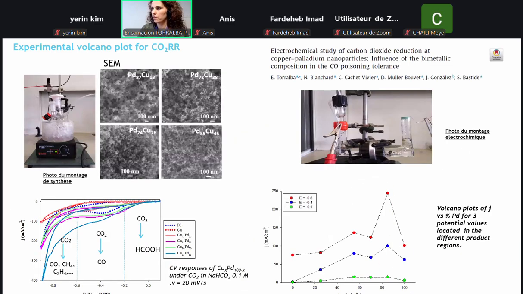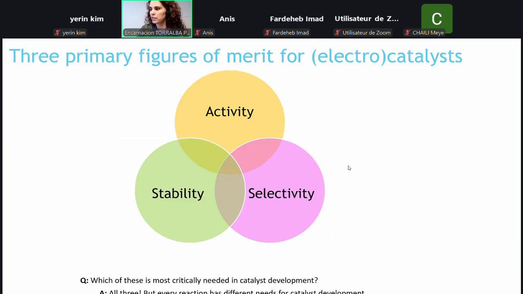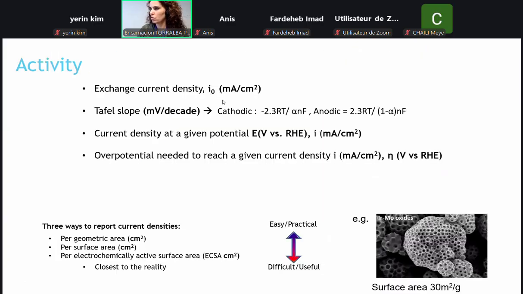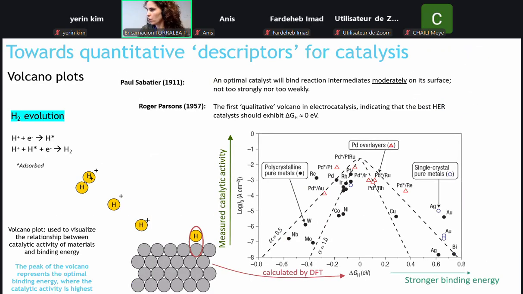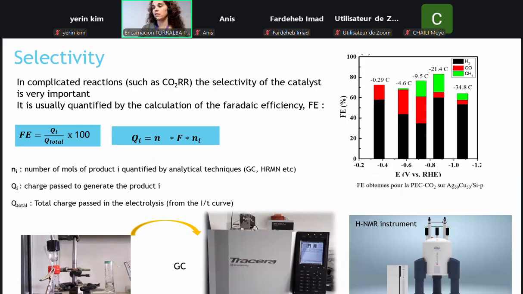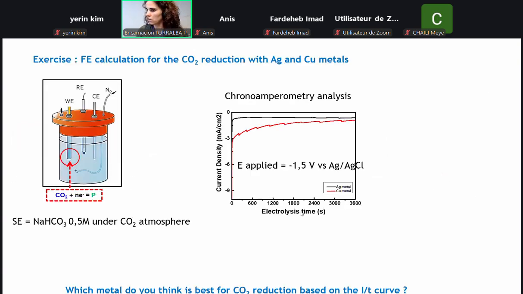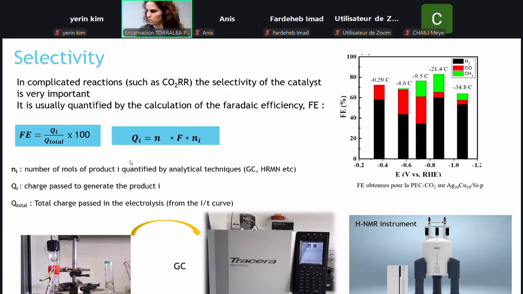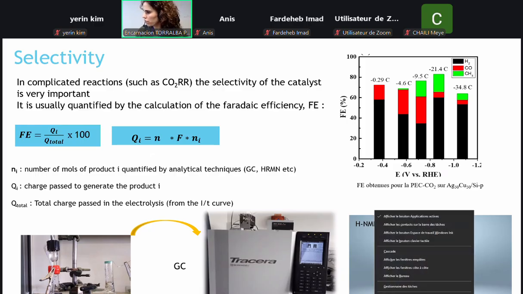Okay, so I come back. So activity, we finish activity: current density, overpotential, and volcano plots. Then selectivity. What do you think is selectivity?